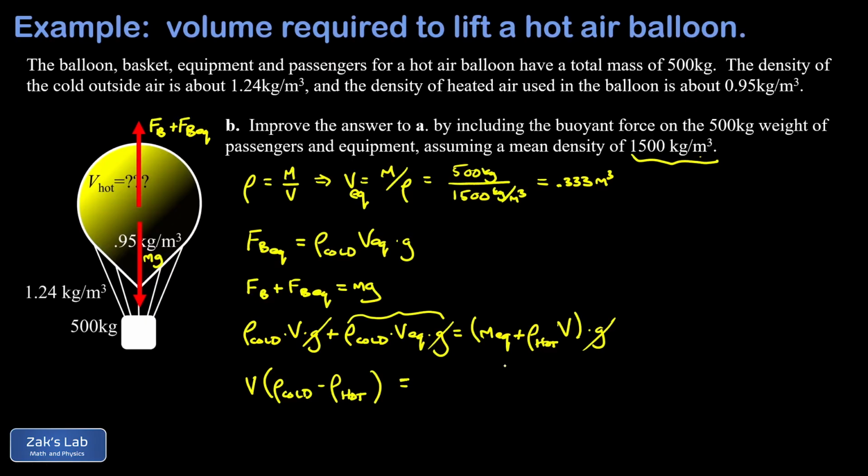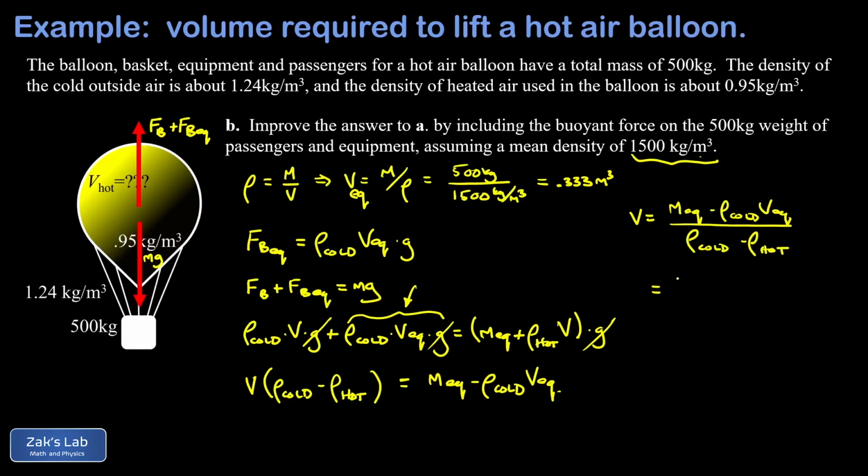And then on the right-hand side, I have M_EQ over there, but I wanted to subtract this new term, rho cold times V_EQ. So I have minus rho cold V_EQ. Now we can solve for V, and I get M_EQ minus rho cold V_EQ, volume of the equipment, divided by the difference in the two densities again, rho cold minus rho hot.